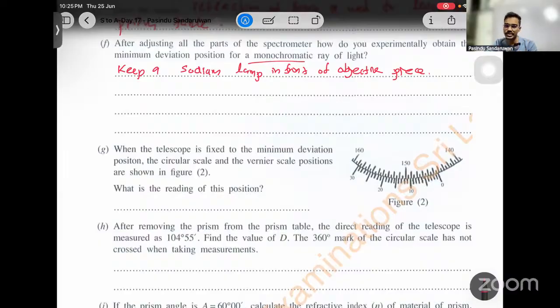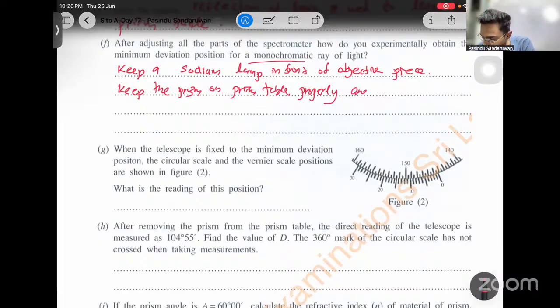Then next, keep the prism on the prism table properly.